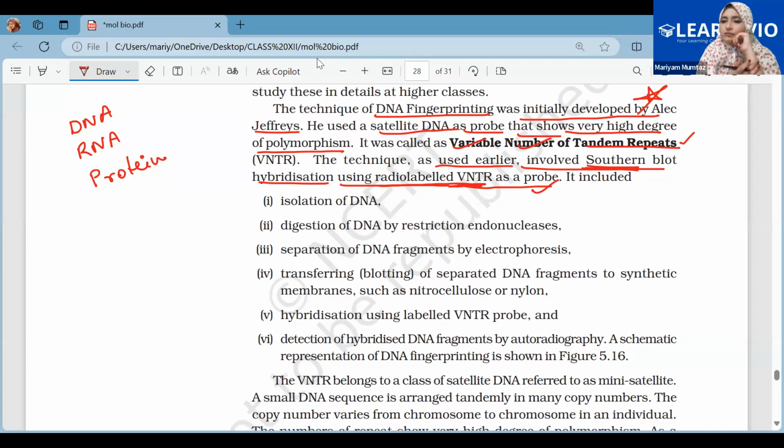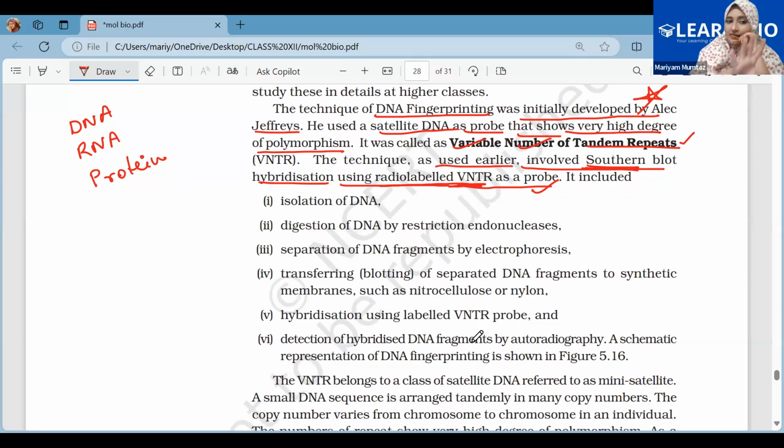Has anyone used those sheets that absorb oil from your face, blotting sheets? That is blotting. You place it on something, and then it absorbs the oil, or it gets transferred to that sheet of paper.